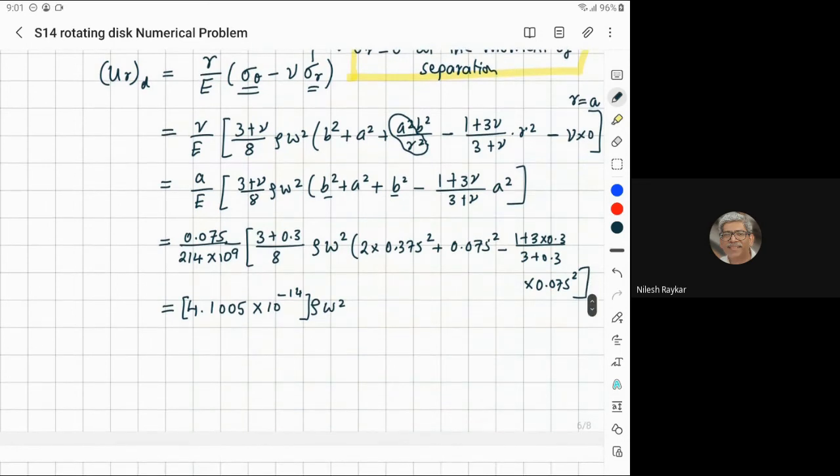Now let's calculate the UR of the shaft. For this, we have to use the formula corresponding to the solid cylinder that we have developed earlier. So UR of shaft would be given in a similar fashion.